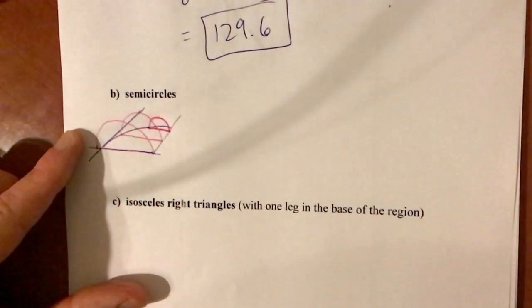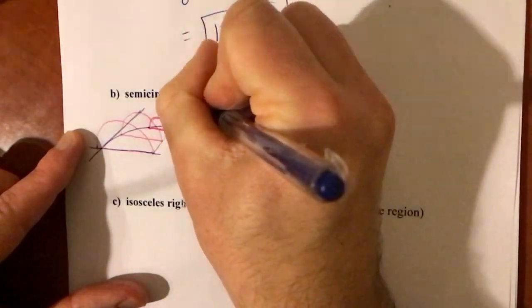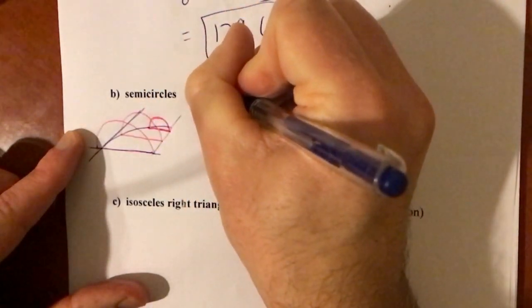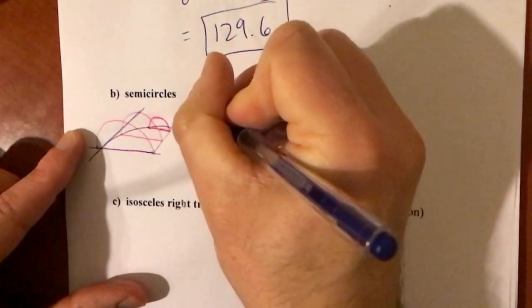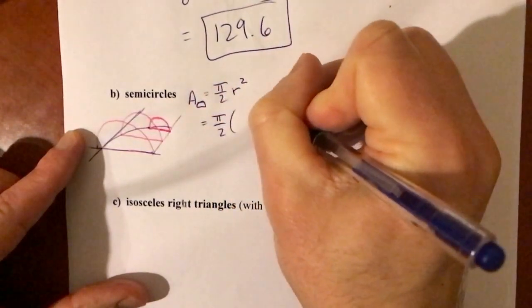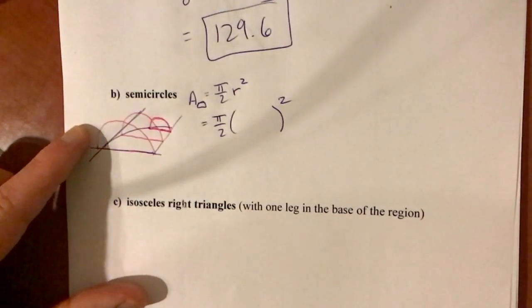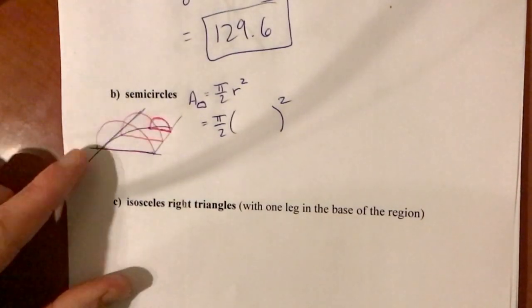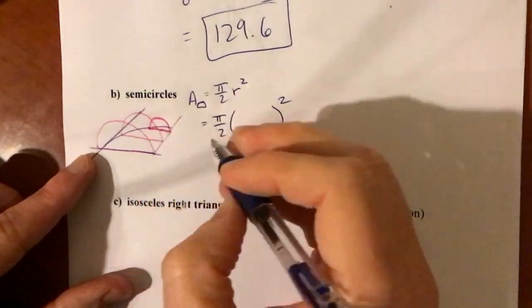That kind of thing. So the area of any semicircle is always pi r squared over 2, or pi over 2 r squared. And just keep in mind that for this, the radius is (9 minus y squared) divided by 2, because that 9 minus y squared is the diameter of each semicircle.